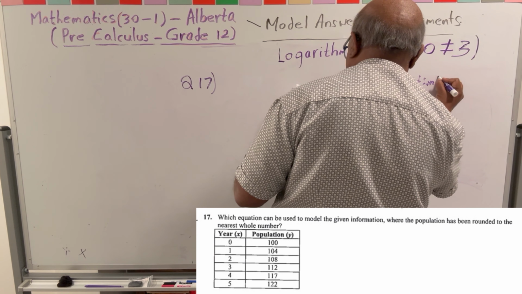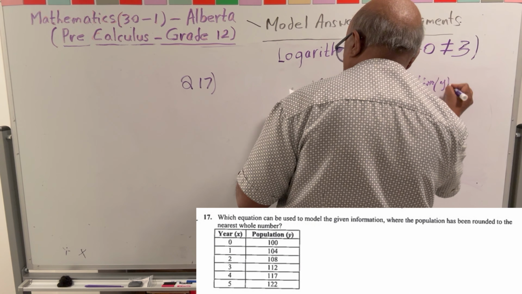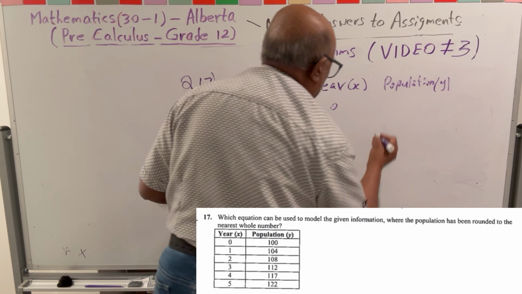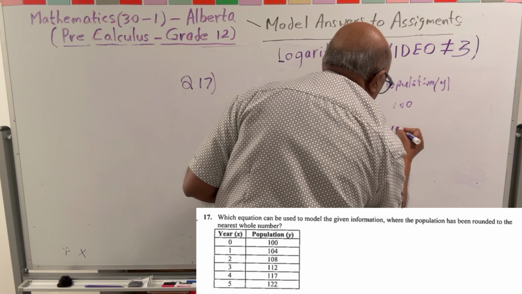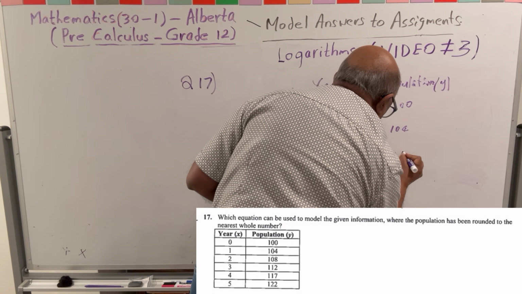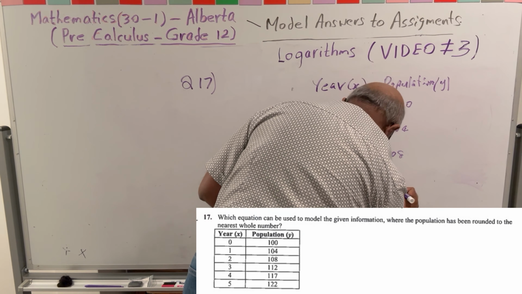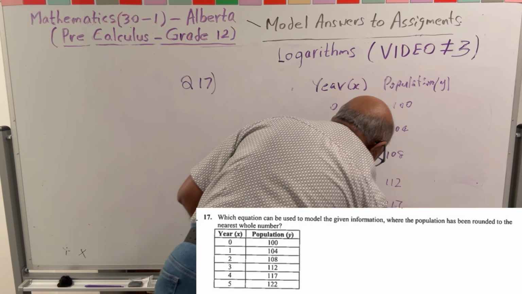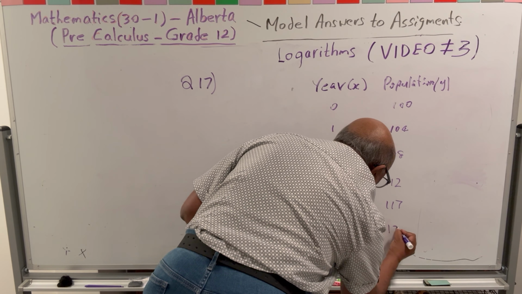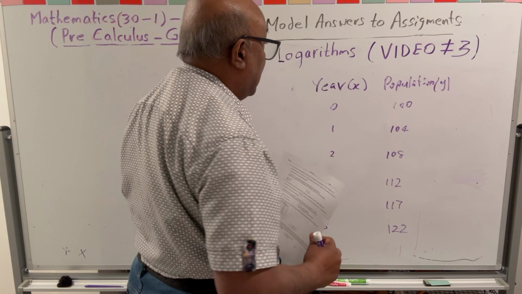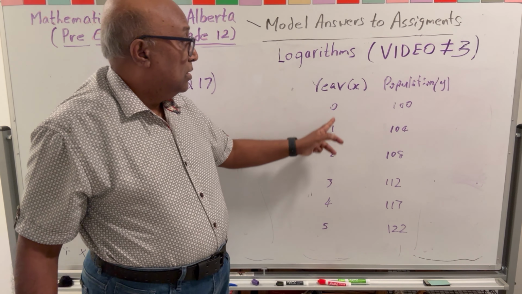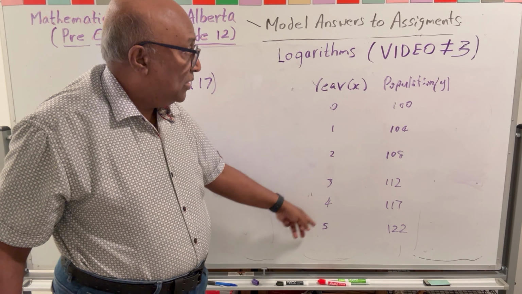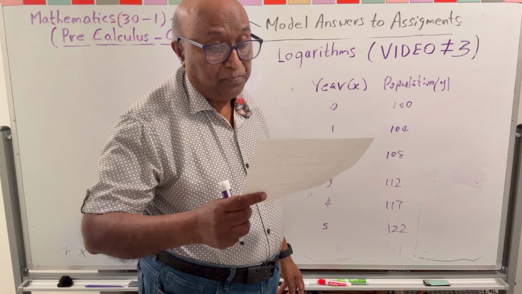Here in next population in Y, okay, these are the available records for each number. At the beginning 0 here, 1, 2, 3, 4, 5, these are the population.